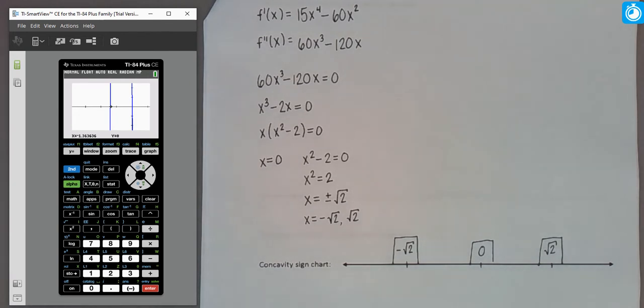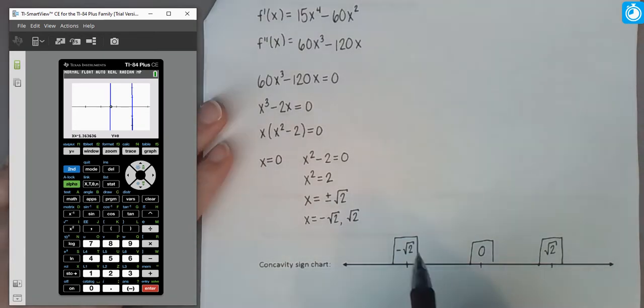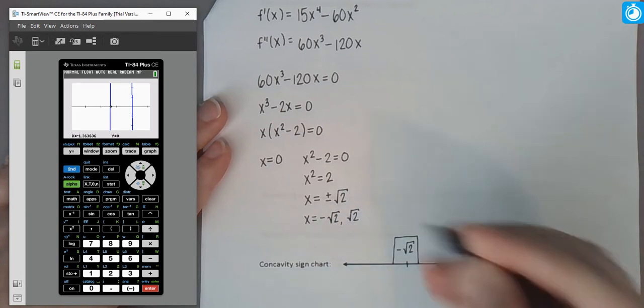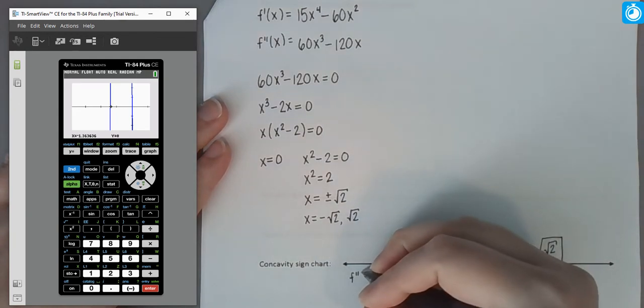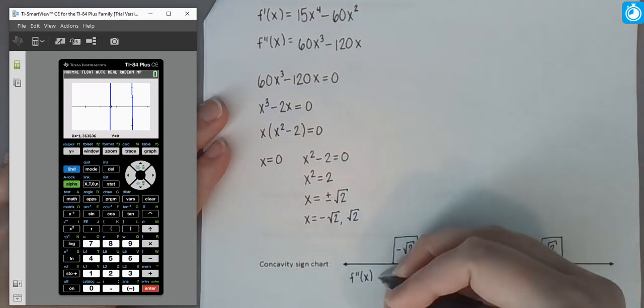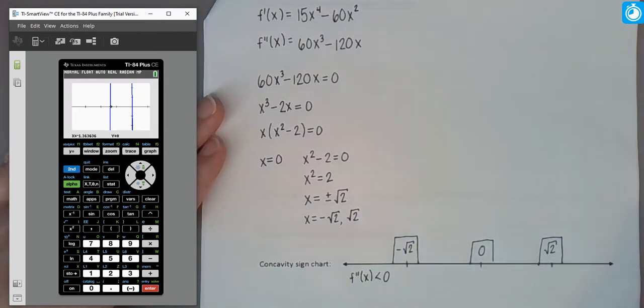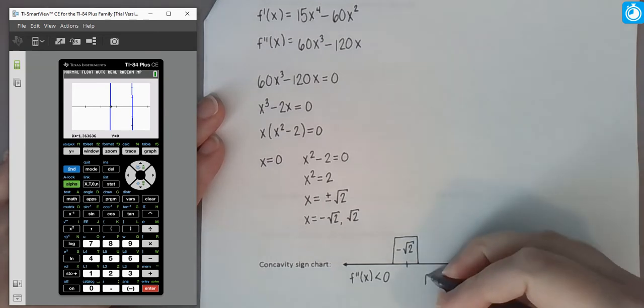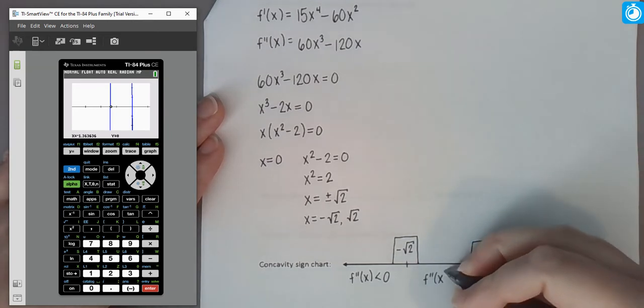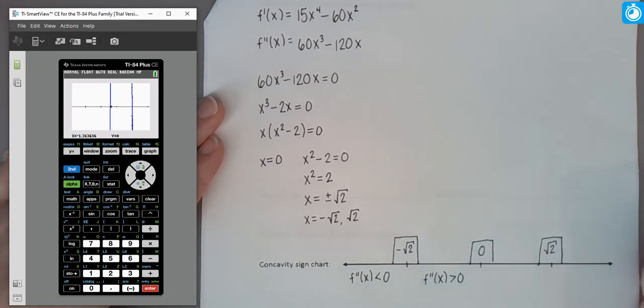To the left, we're below the x-axis. So for x values less than negative root 2, the second derivative is negative. As we go from left to right, we go from a negative second derivative to a positive second derivative, greater than 0.